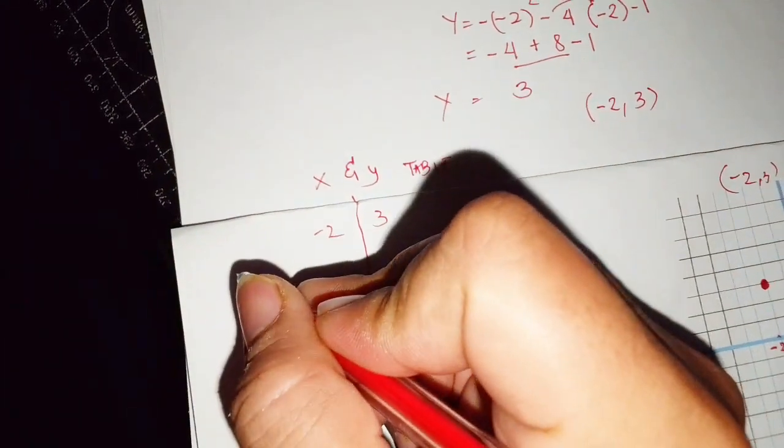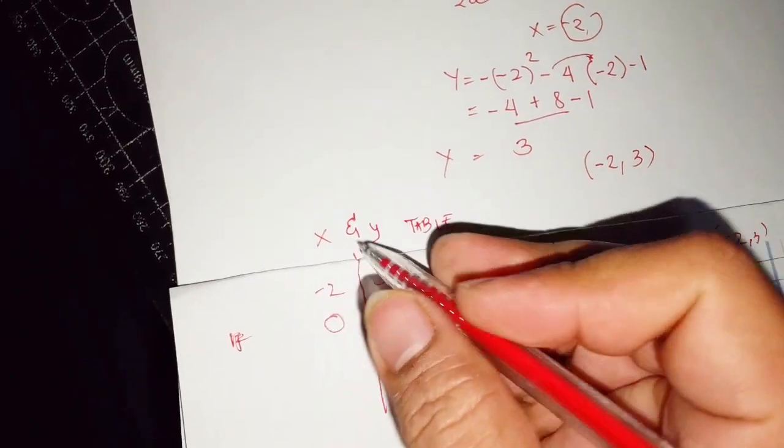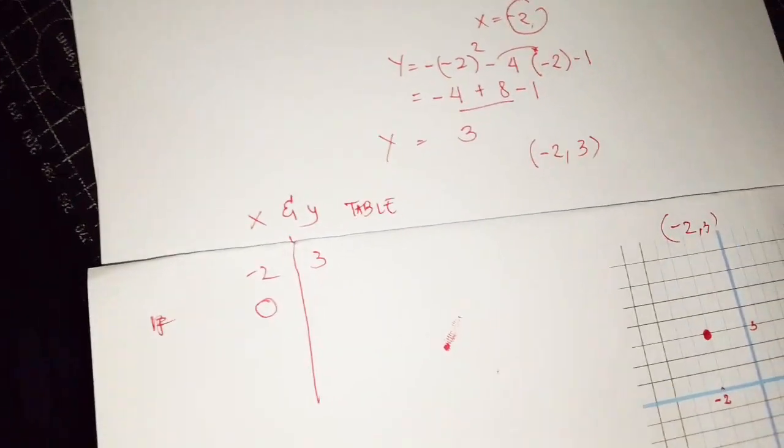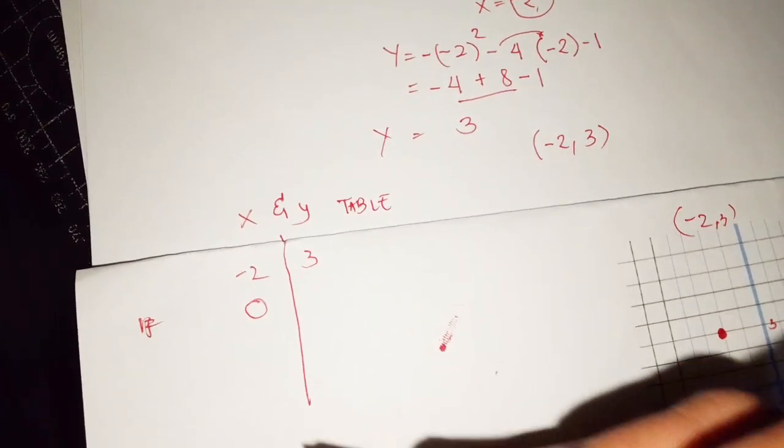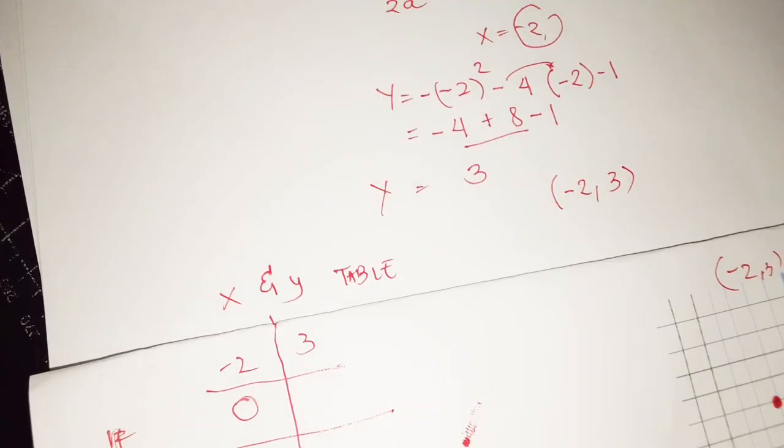But if we try the value of x is 0, what if x is 0? First, have the value of y.